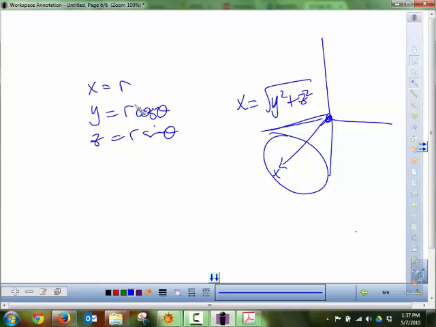And then you'll see it sideways. So let's graph it.